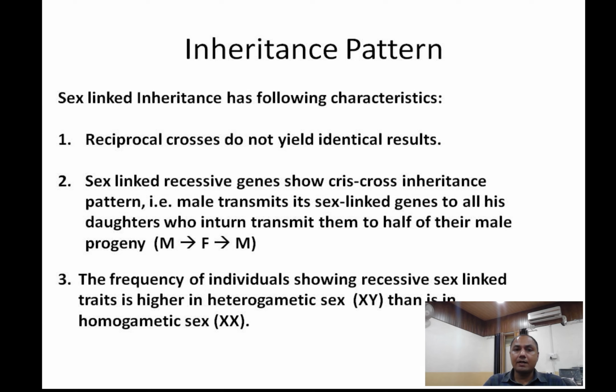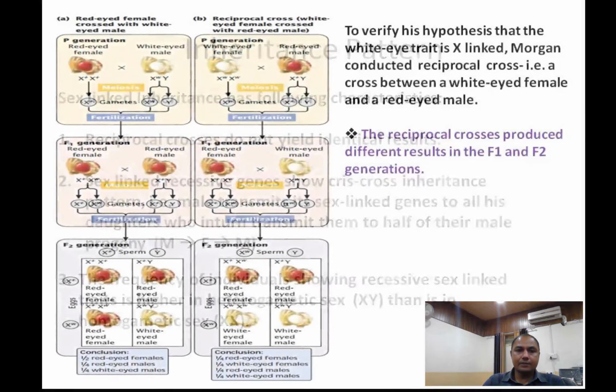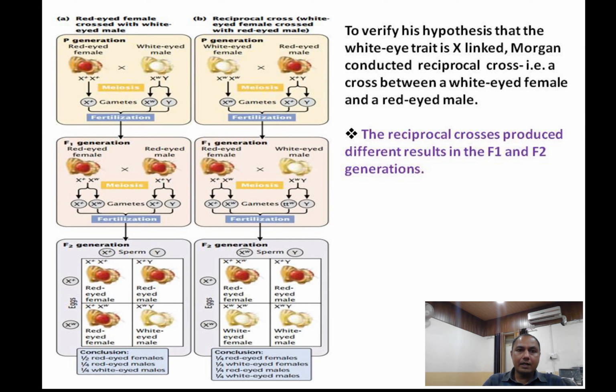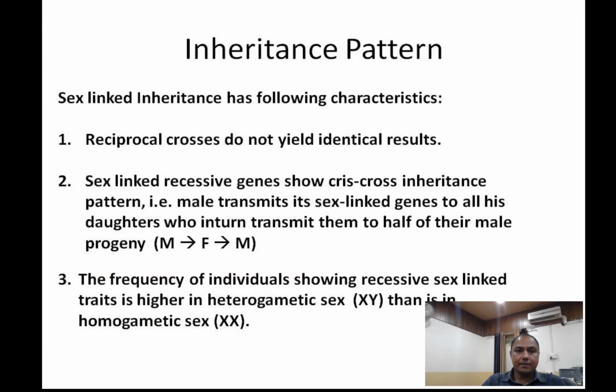That means a male transmits sex-linked genes to all his daughters, who in turn transmit them to half of their males. Again we can see the males transmit their characters to all the females, and they are transmitting to half of the male generation, the next generation. So that was the crisscross inheritance pattern.